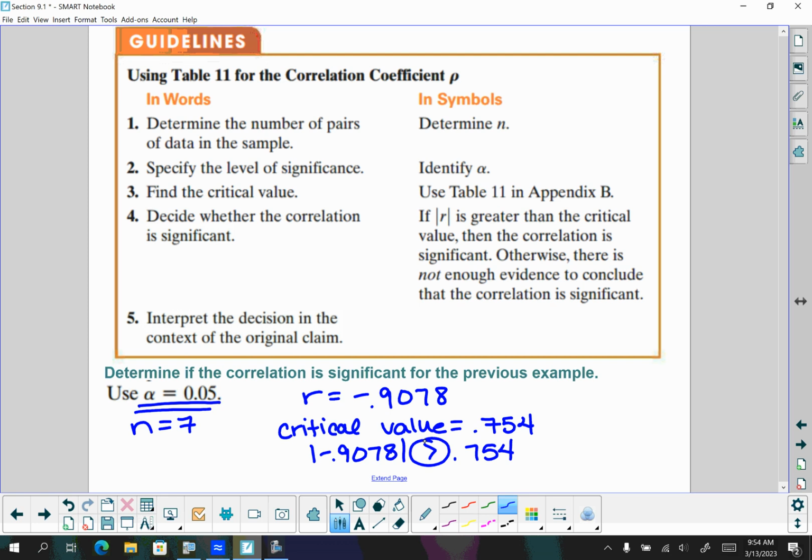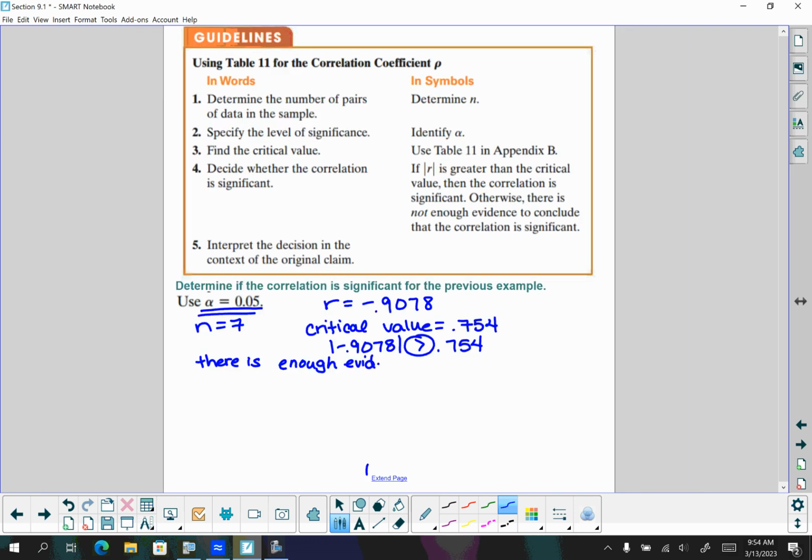So we can then say there is enough evidence to say the correlation is significant. If it was less than, we would say there is not enough evidence to say the correlation is significant. Okay, so it's either is or is not in that last statement. That's all you've got to worry about.